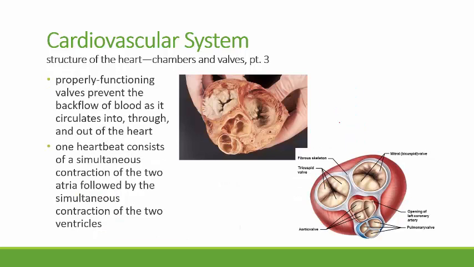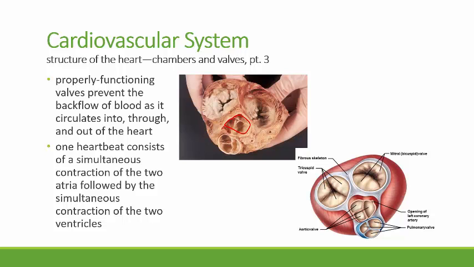All right, how do the valves work? So we've got to make a little sense of the valves now. To properly evacuate blood from the ventricles, we have these valves that allow the blood to leave, and so here we see the pulmonary.